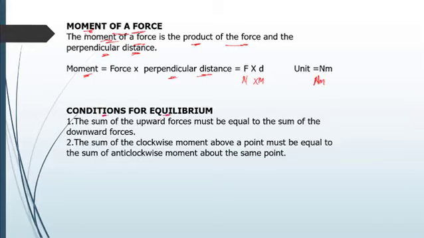There are two conditions that are necessary for equilibrium to take place. The first one is that the sum of the upward forces must be equal to the sum of the downward forces. The second one is that the sum of clockwise moments about a point must also be equal to the sum of anti-clockwise moments about the same point.